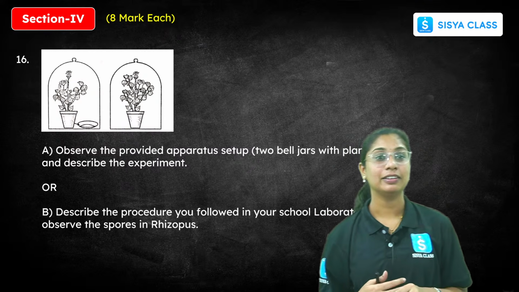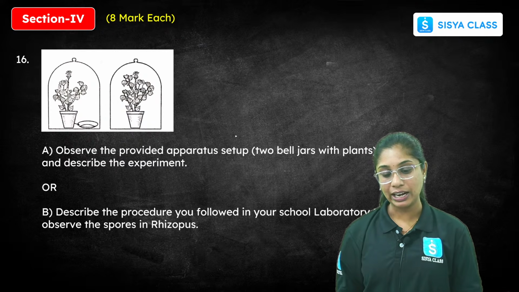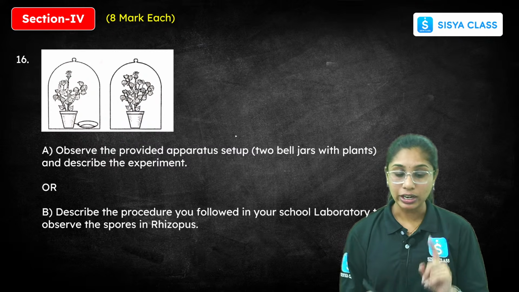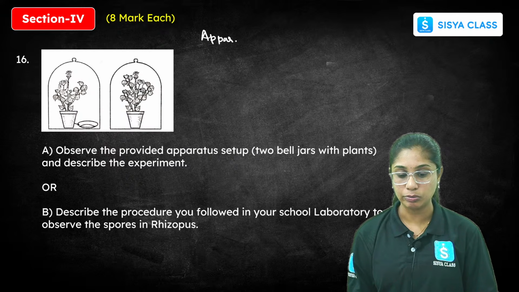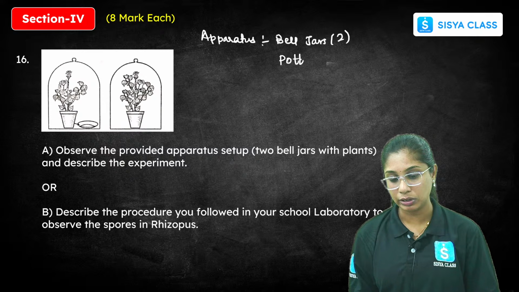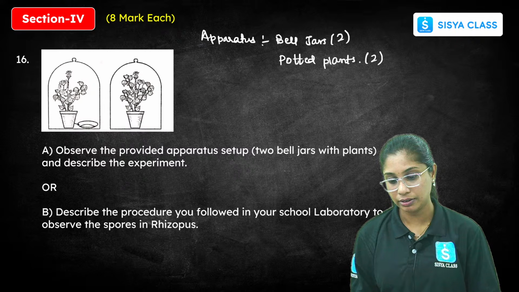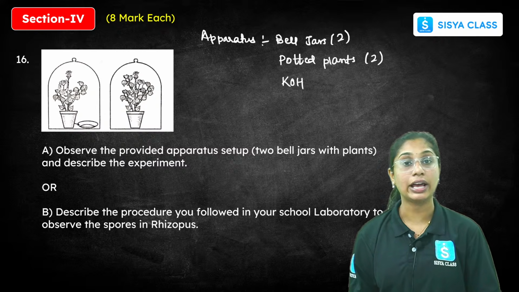Okay, coming back to the 16th question. Observe the provided apparatus setup. So what is the procedure here? Here we have to take apparatus. What are the apparatus? We have 2 bell jars, then 2 potted plants, then the chemical KOH, potassium hydroxide.